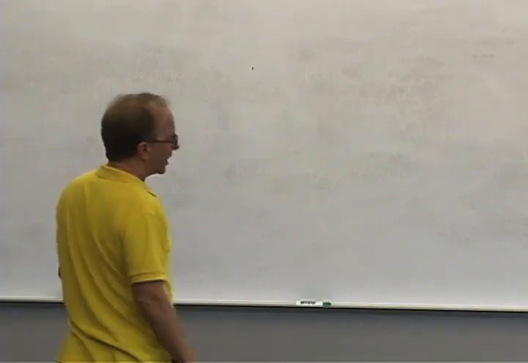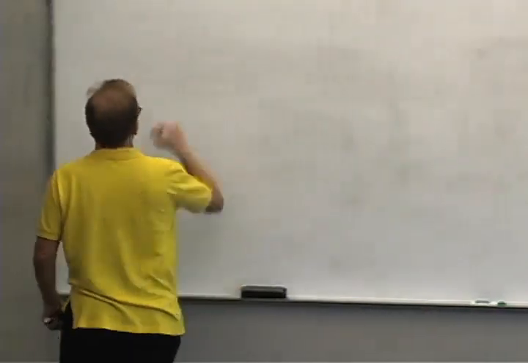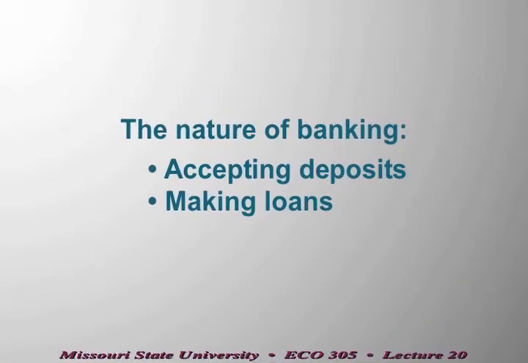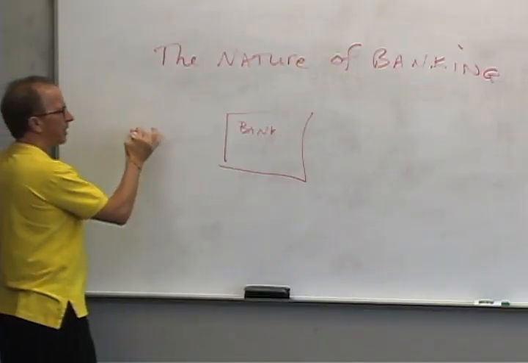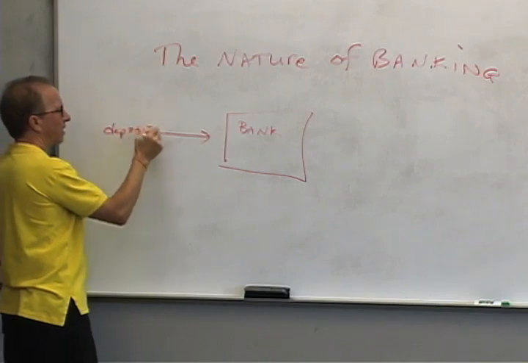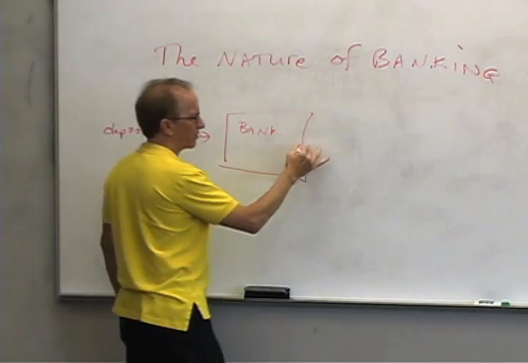What is the nature of banking? If we think about the bank, and by the way, we could draw a similar picture for all financial institutions, but banks bring in deposits and then they make loans.